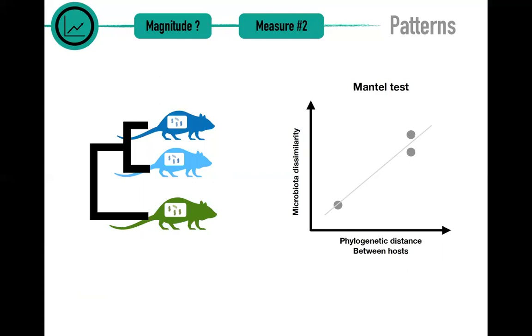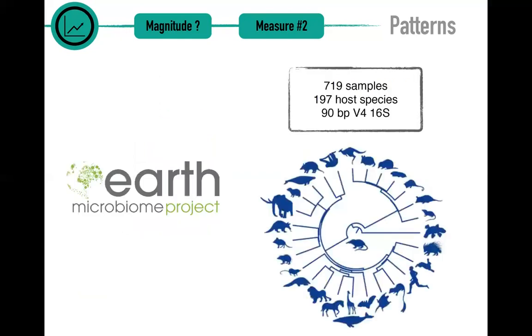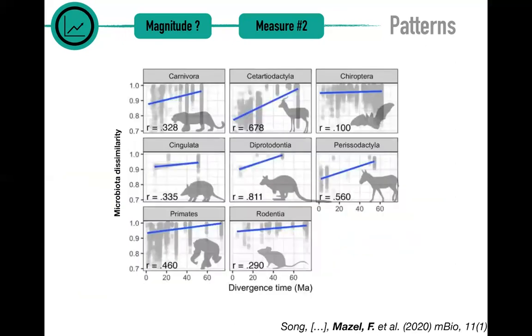So the question here is whether the specificity we observe at the host species level also extends beyond the species level and across the host phylogeny. Using the same data set as before, but in a different paper, we show that this measure of specificity, which people have called phylosymbiosis, which is not really a good name, but that's how it's called, is widespread in mammals.